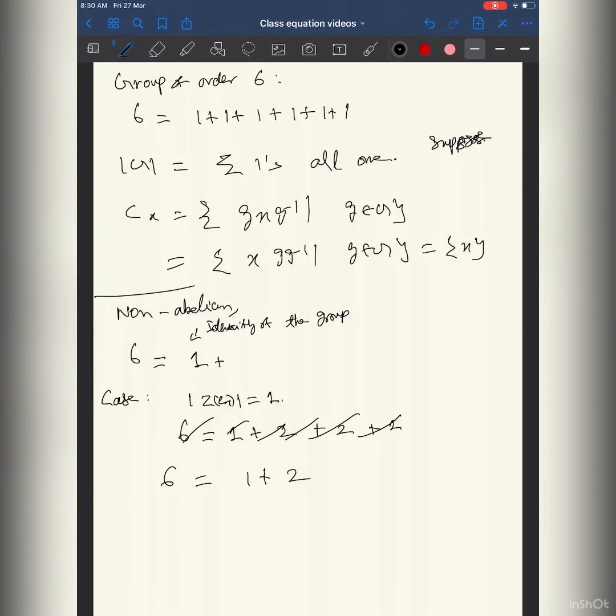So 6 equals 1 plus 2 plus 3. If a 2 appeared, then I have to put 3 only, then it seems okay. And we can check, this is nothing but D2 into 3, or isomorphic to S3.